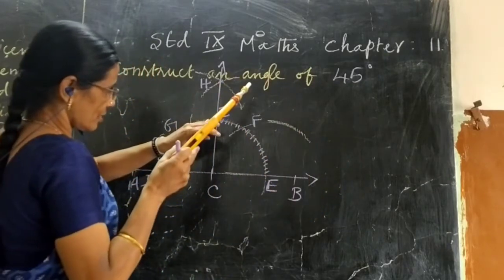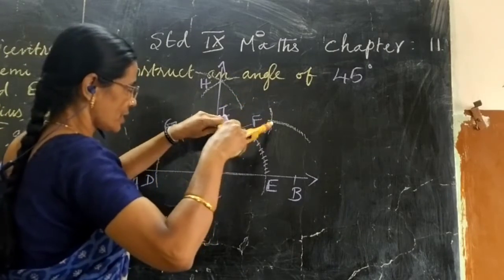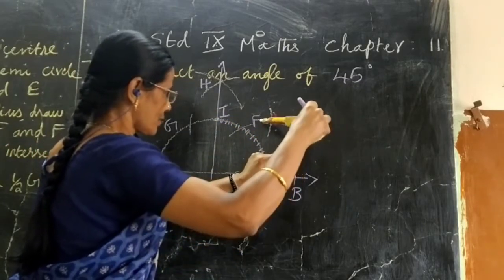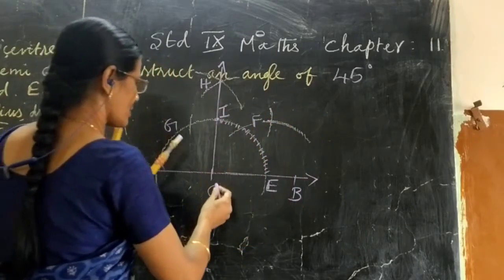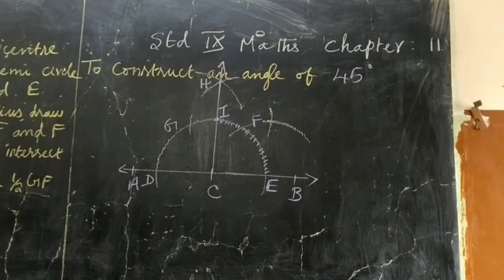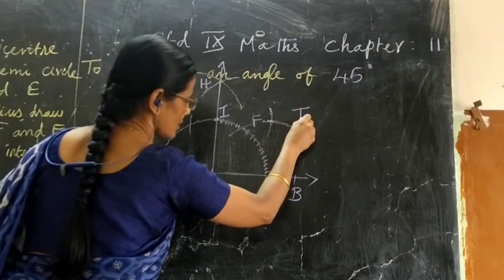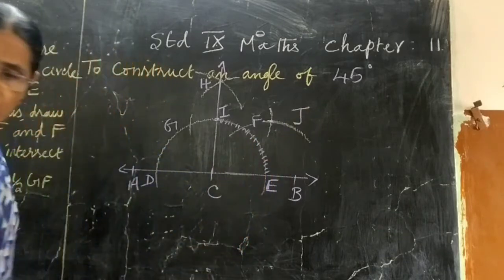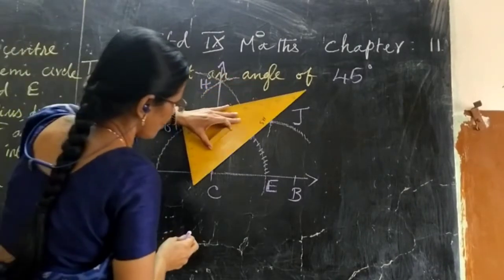Now I center and with the same radius, very important, another arc is drawn. Draw these two arcs till they intersect. The point of intersection is J. Now if we draw ray CJ, that is the bisector of 90 degree, and we will get the required angle, which is 45 degree.